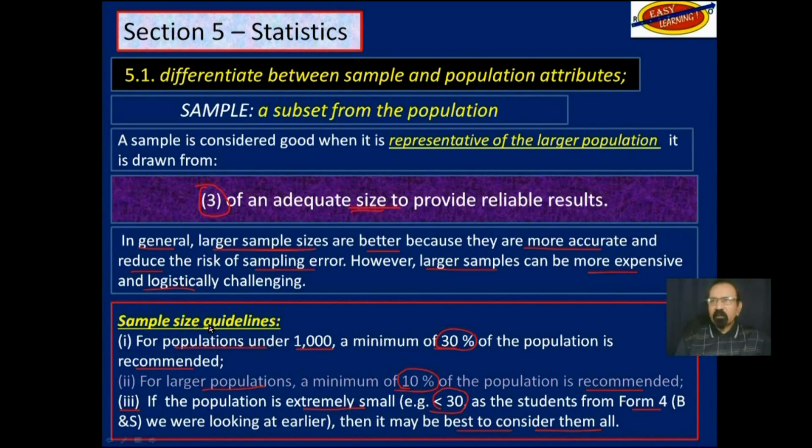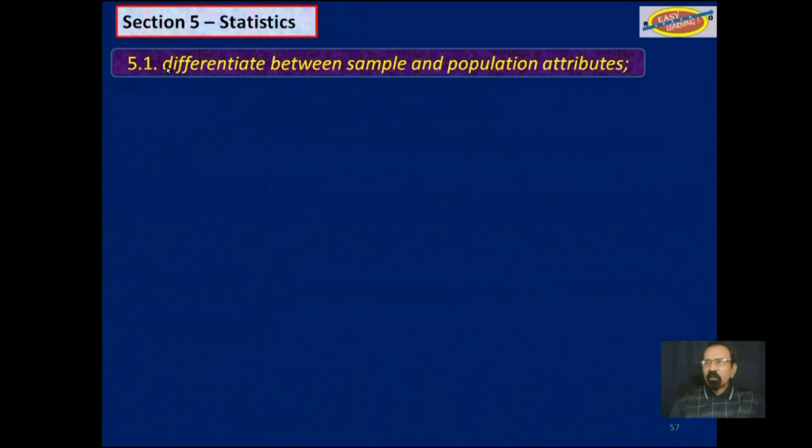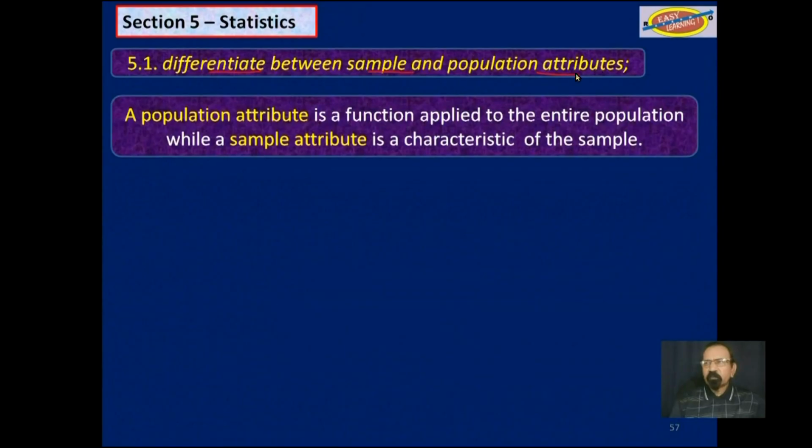So let's summarize what we have just said. We need to differentiate between sample and population attributes. In its simplest term, a population attribute is a function applied to the entire population, like size, 5 million, while a sample attribute is a characteristic of the sample, like size, 300.